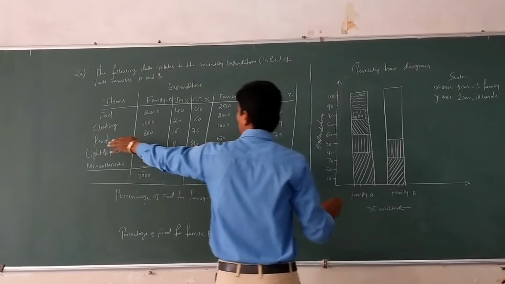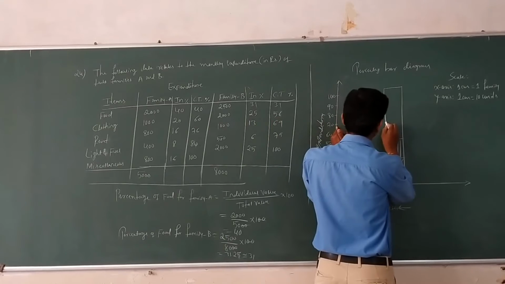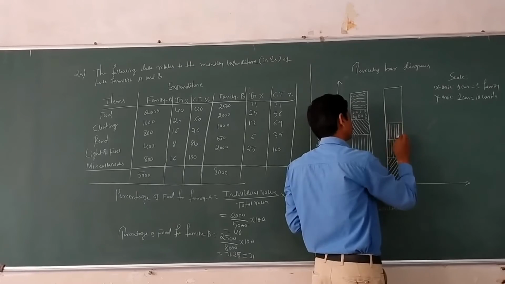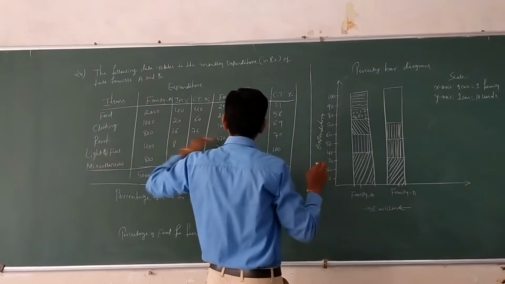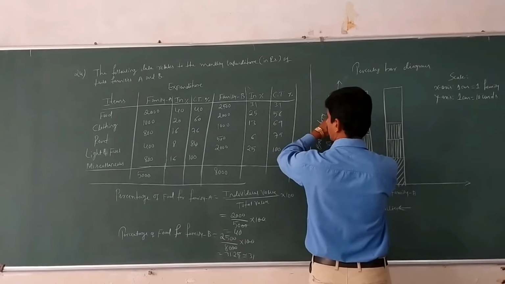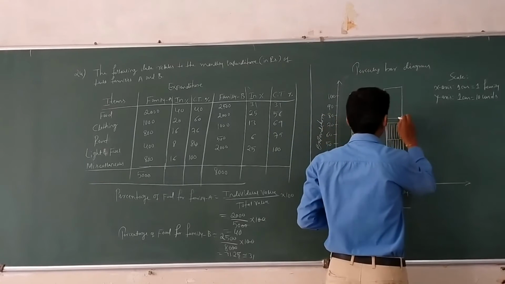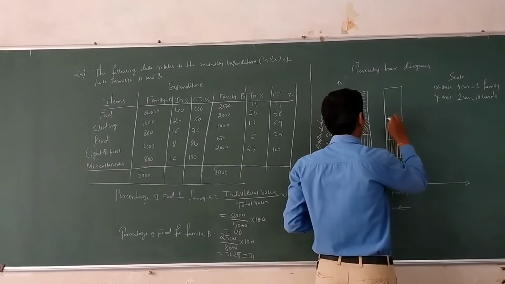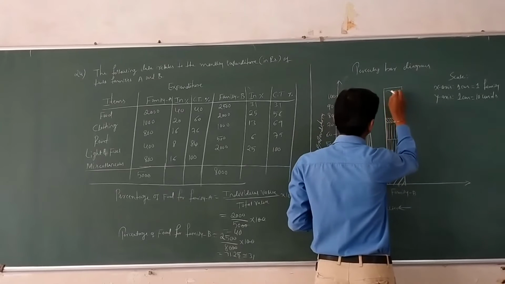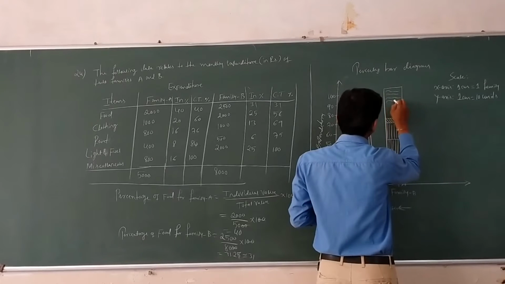The next, rent, is 69. The next, light and fuel, is 75. And miscellaneous is 100.